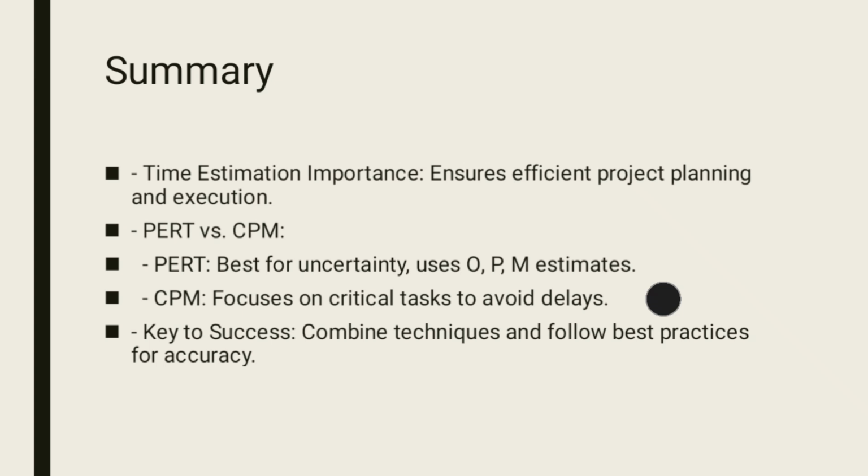Key to success: combine techniques and follow best practices for accuracy. It is very good for you to combine all these techniques, PERT as well as CPM, for your project. Thank you so much.